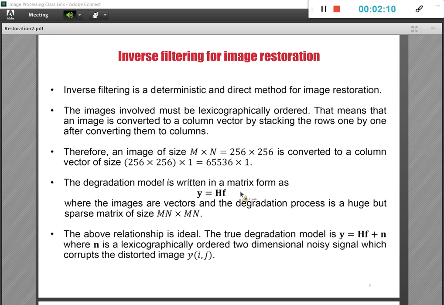The degradation model is written in matrix form as we had it: y equals Hf plus n. If there wasn't any noise, we had y equals Hf. f was the input vector or image, y was the blurred, output or degraded image, and H was the degradation system, or blurring system, where the images are vectors and the degradation process is a huge but sparse matrix of size mn by mn.